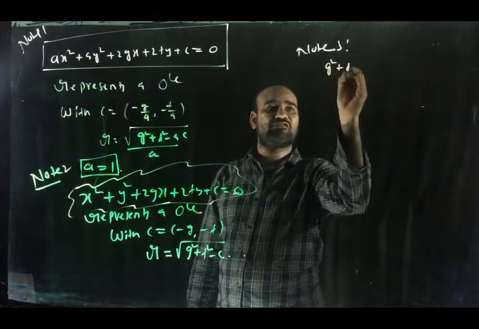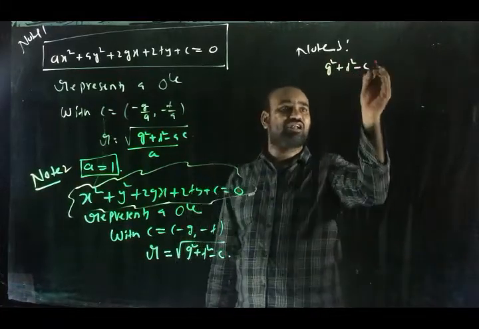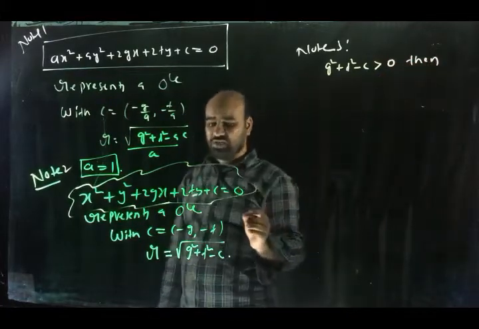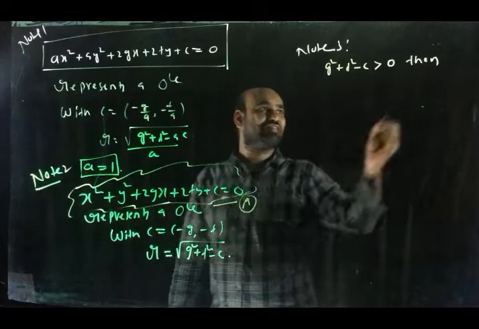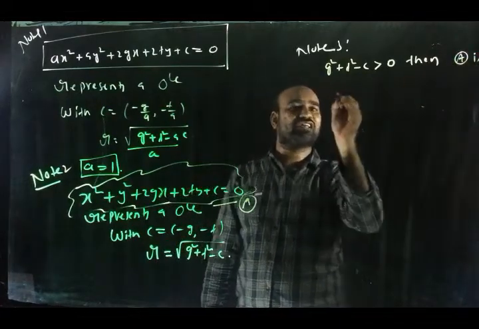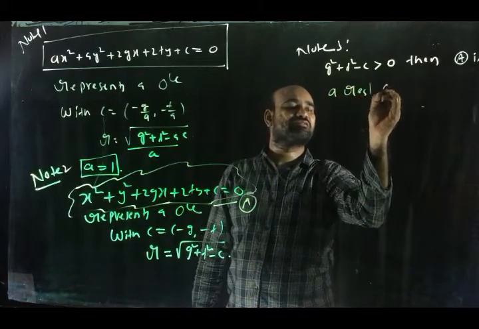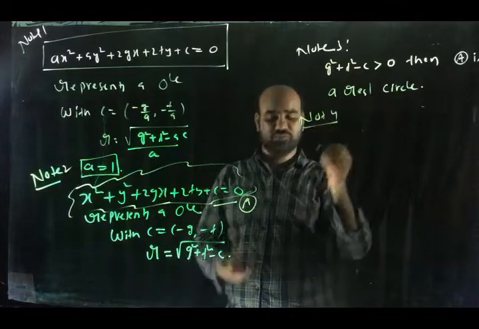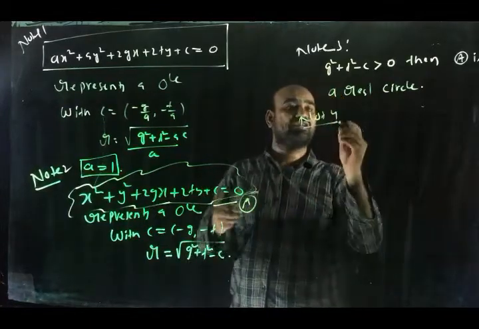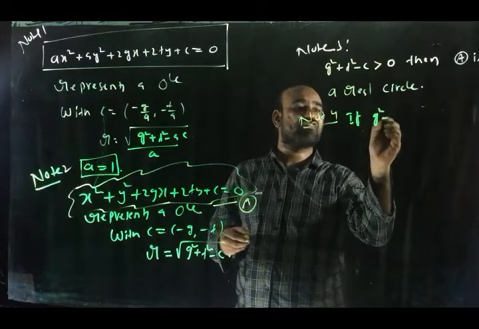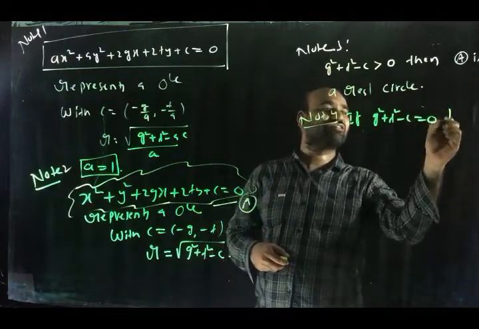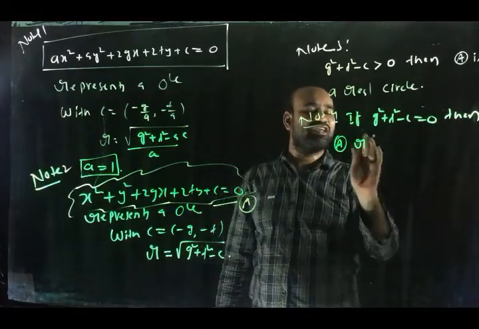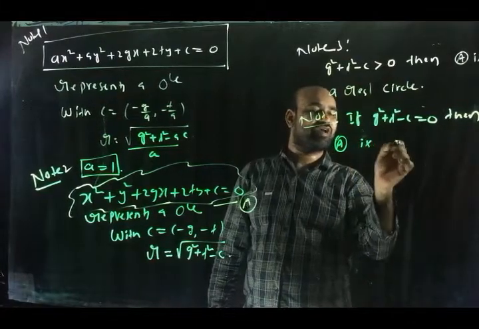Another note, I can give this as note 1, note 2 and note 3. If g square plus f square minus c greater than 0, then A is a real circle. Note 4: if g square plus f square minus c equal to 0, then A is a point circle.